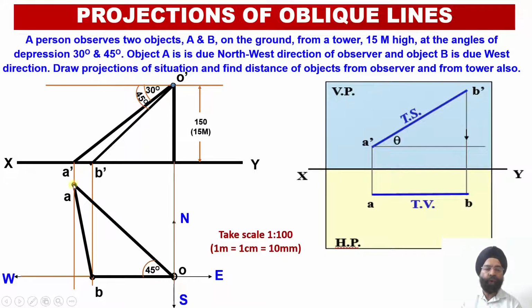So what we have to do? We have to rotate this OA plan projection line in such a way that it becomes parallel to the vertical plane. So in order to rotate this, we'll take O as our needle point, and open the compass equal to the distance OA.